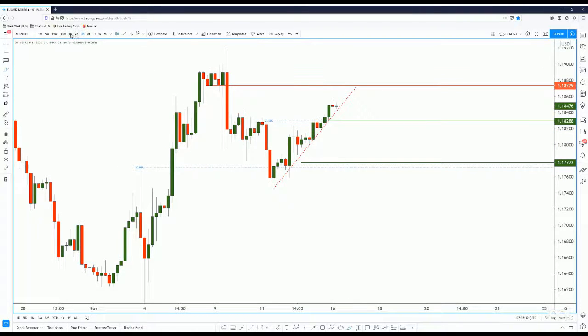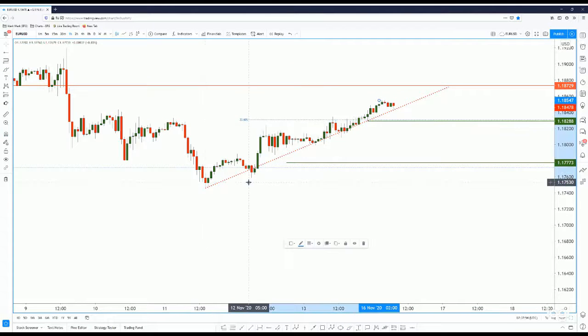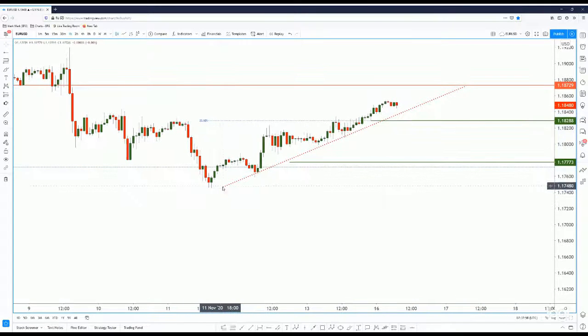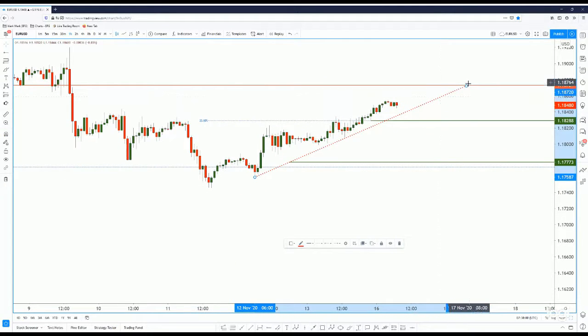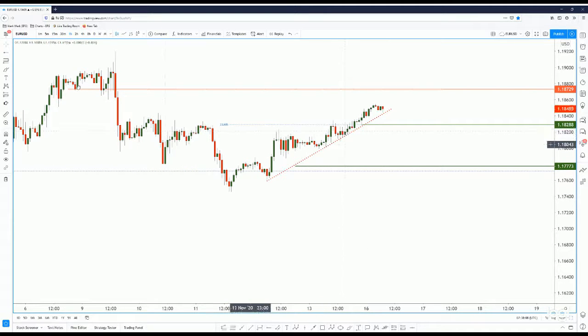So let's go down to the 1 hour. On the 1 hour we can afford to tidy up the trend line even more. Let's tidy up the trend line in a better manner. We see that price is still hanging over here.